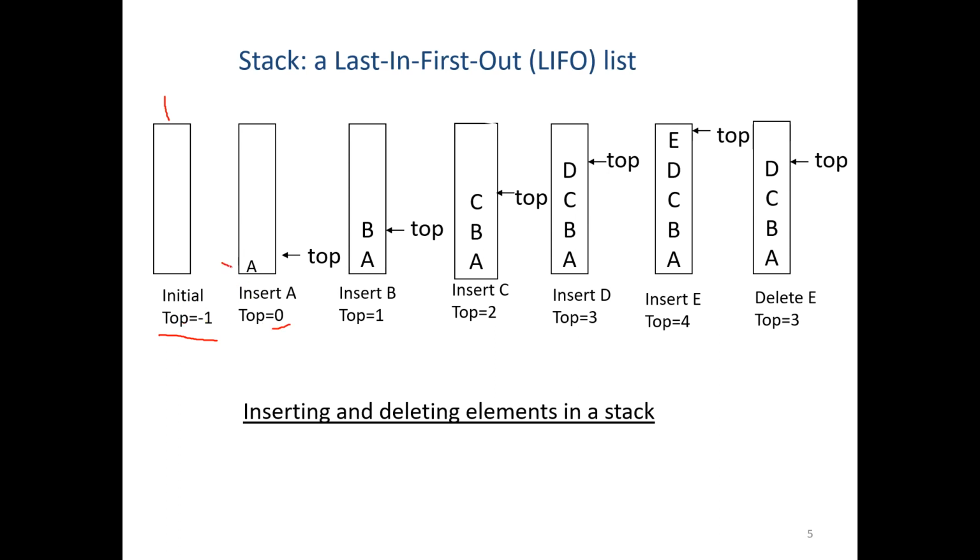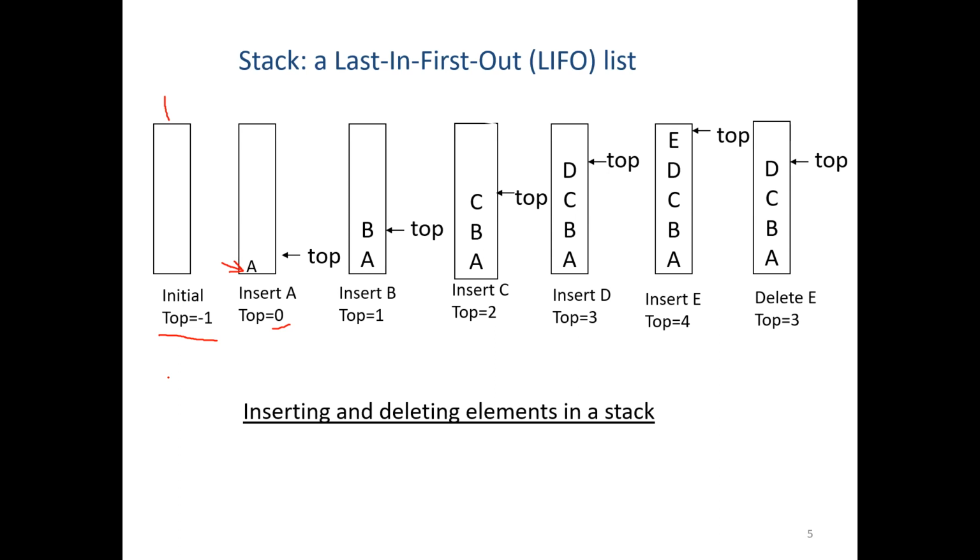The top value is now 0, and to that place the new element is inserted. So top is now here. For insertion, if you started the top with -1, always update the top value, then insert. If you start with 0, insert the element, then update the top value.